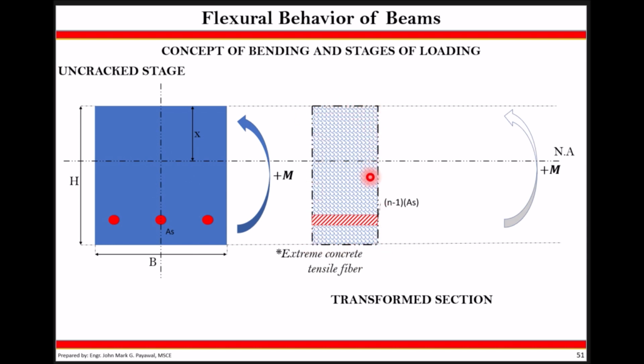The only difference that we could see is your area AS, the area of your steel, is now converted to N minus 1 multiplied by AS. Your N is your modular ratio, which is the ratio of your steel modulus of elasticity ES over your EC, minus 1 multiplied by the totality area of your reinforcement.